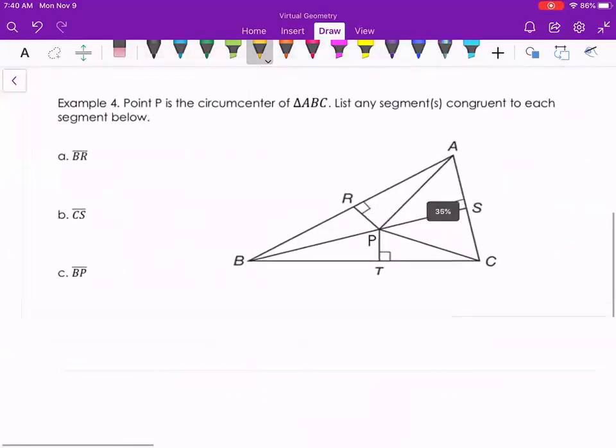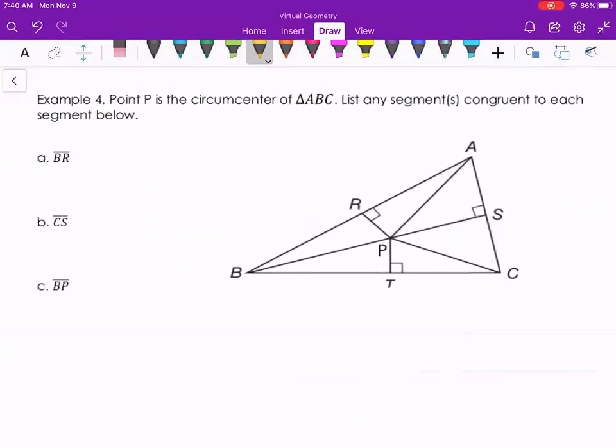All right, so example 4, point P is the circumcenter of triangle ABC. List any segments congruent to each segment below. So let's see what we've got. Now remember, all of these dots that are on the edges where the right angle is, those are midpoints. So on either side of R, those sides match.